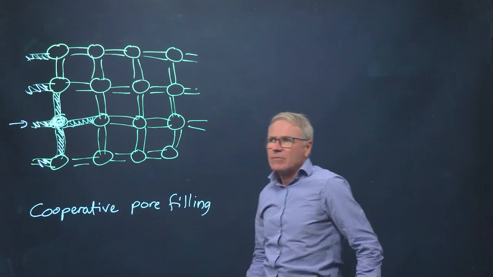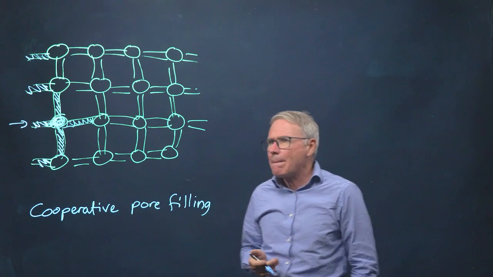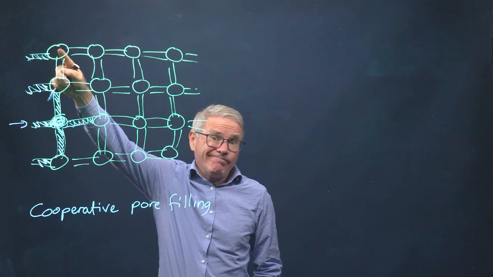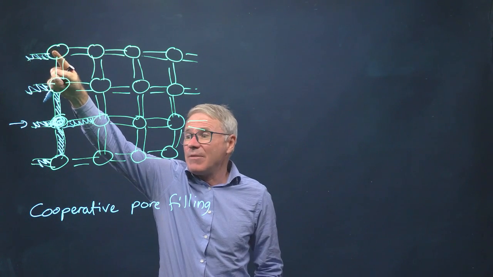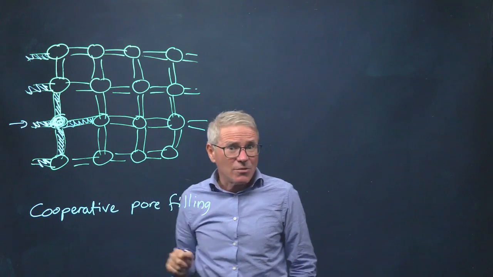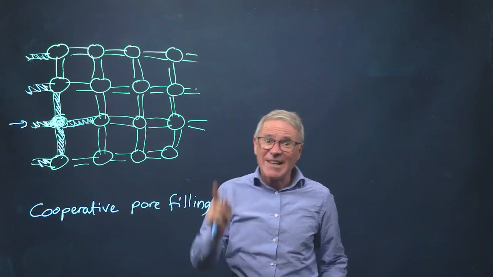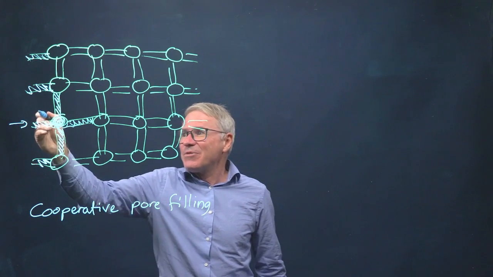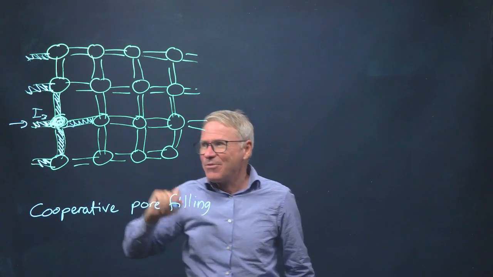Okay, what happens next? Well, okay, we can have an I3 event here, which I just said is very unfavourable. An I3 event here that's very unfavourable. Just a moment. This is an I2, cooperative pore filling. It's easier to do I2 than I1. So, sorry, I3. This was an I3 event.